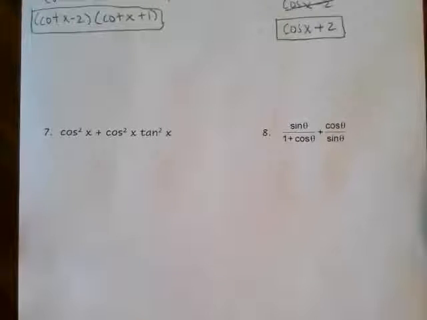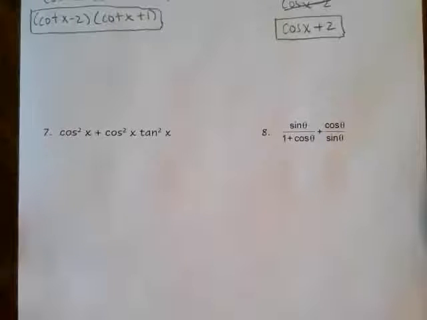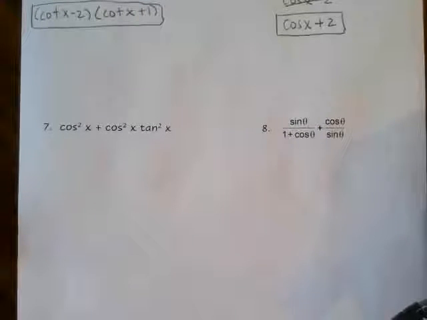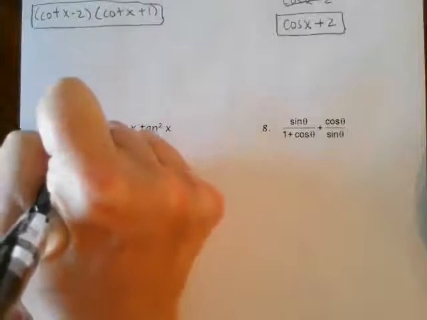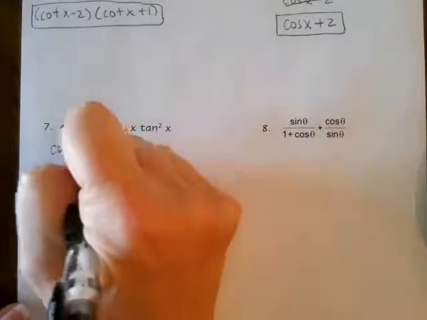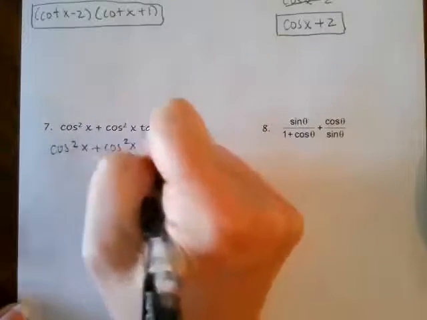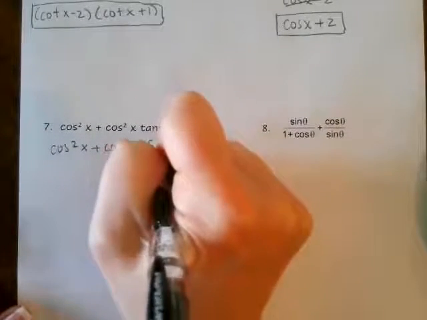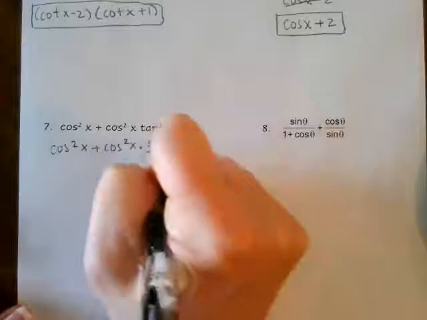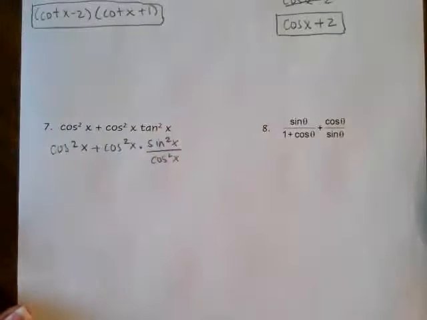All right. So on this second one here, or sorry, number 7, we're going to keep our cosine squared of x. And we're going to go ahead and rewrite this tangent squared of x. Remember, that is the same thing as sine squared over cosine squared.